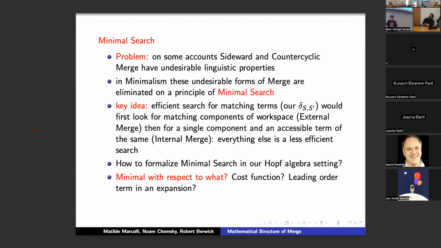Okay, so now, these are the two good guys, the external merge and the internal merge. And now, how do we get rid of the bad guys? Could I just say something about the internal merge? I think a nice property of this formulation is that because we're forming the quotient to delete the inner or deeper copies, we derive the facts in what's called remnant movement.